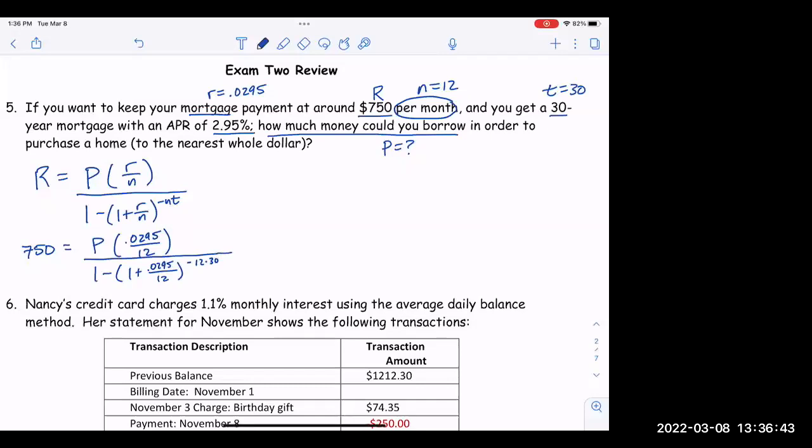All right, so at this point, the rest of this is just going to be putting this in the calculator. Before we do that, any questions to this point?